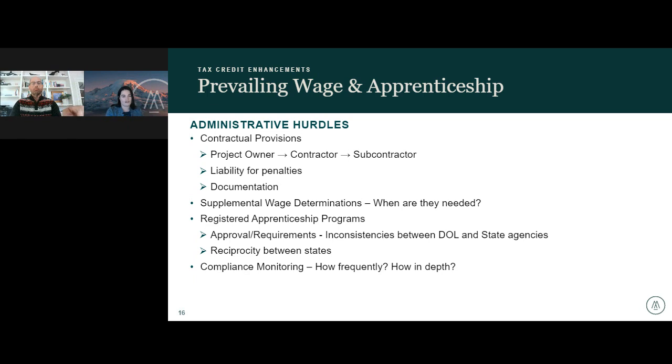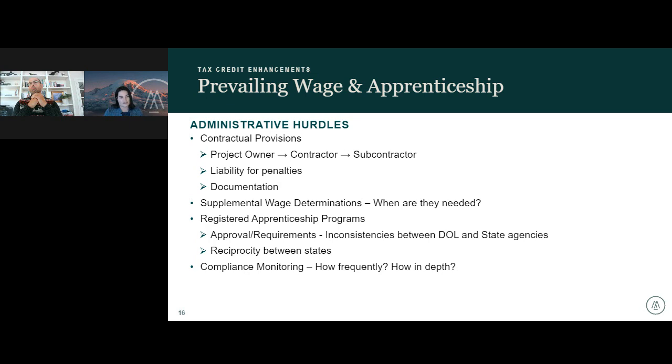You have a registered apprenticeship program in one state, but your project is being performed in another. And ensuring that your apprentices are going to get credit towards their apprenticeship program and be considered qualified apprentices for the work performed in that other state. There is supposed to be reciprocity between states on that, but getting the sign off of both states on that reciprocity agreement can be administratively challenging.